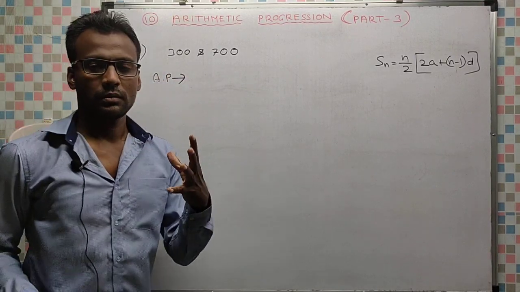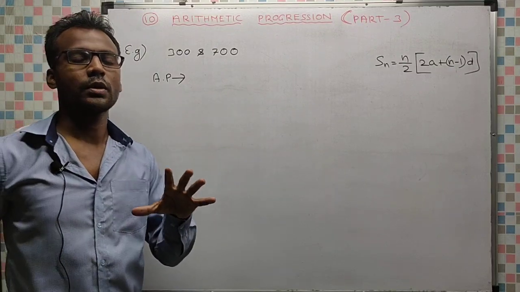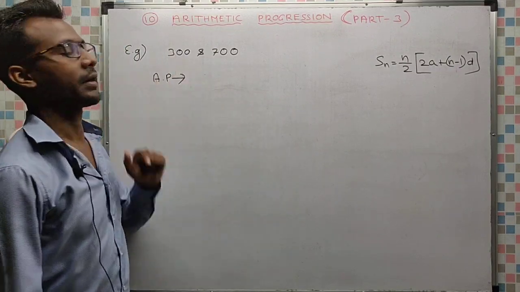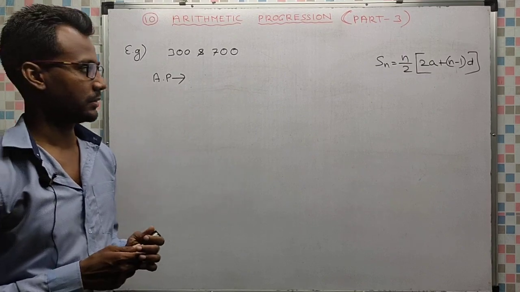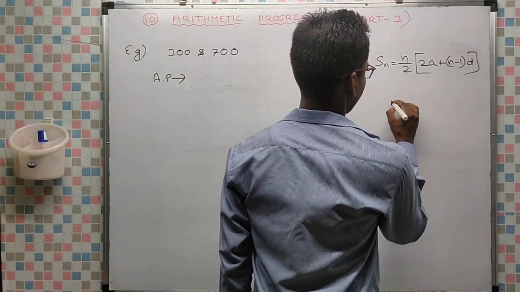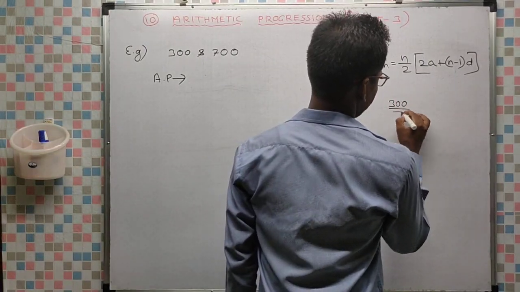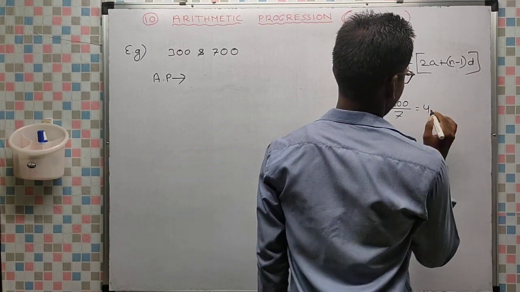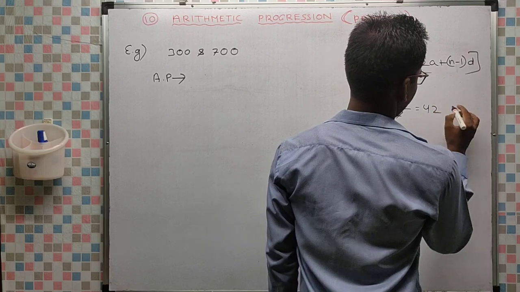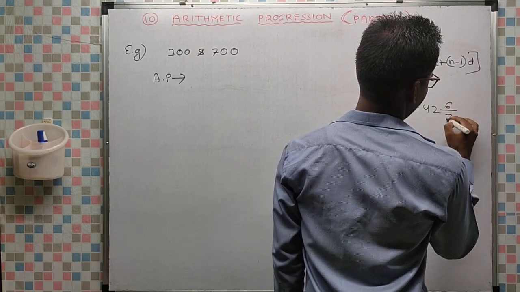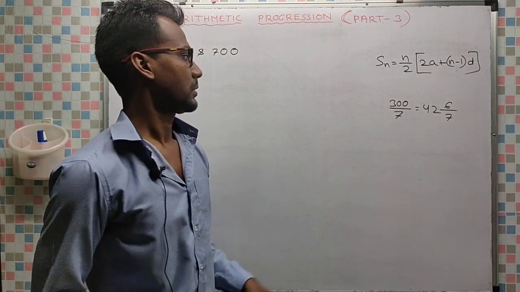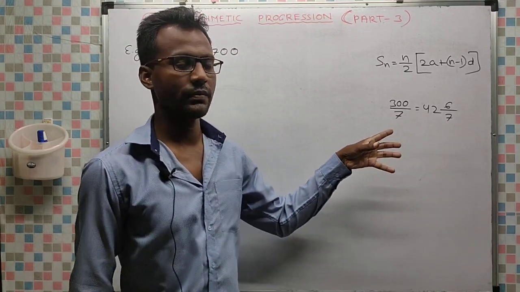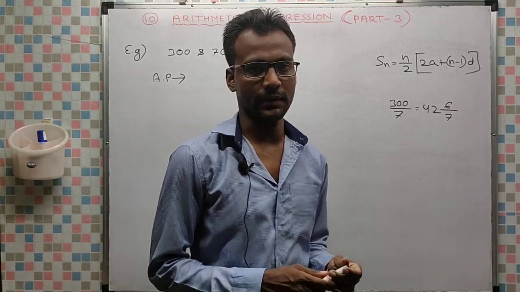Now, find the first multiple of 7 just above 300. I had given you the trick. 300 by 7, if you convert to a mixed fraction, it will be 42 whole 6 by 7.